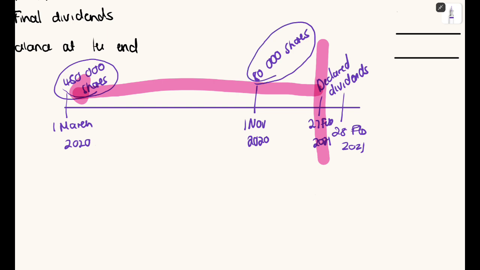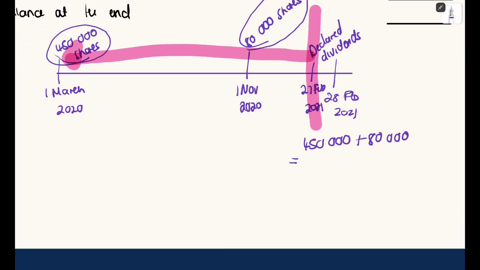So by the time the dividends are declared, I had 450,000 plus the 80,000 shares. In total, that would be 530,000 shares, so my calculation on the dividends will be based on the 530,000 shares.